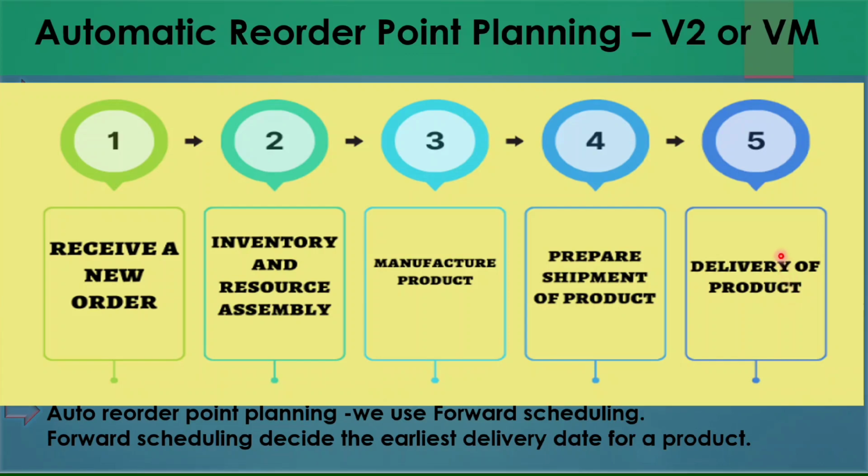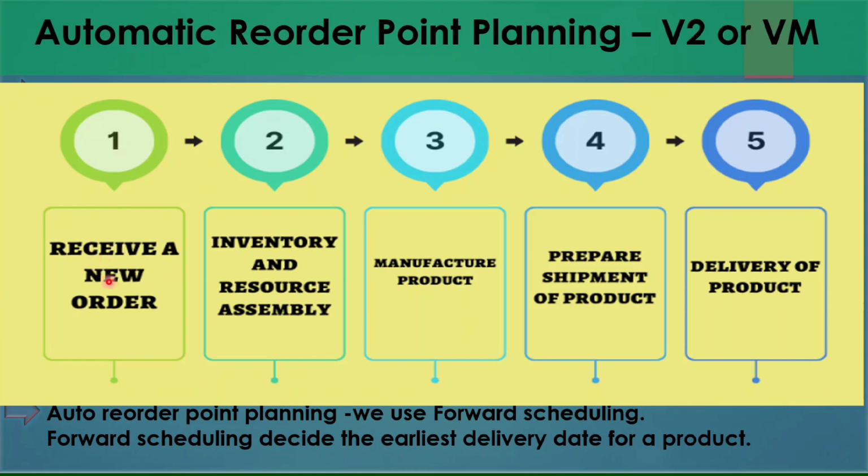Once you get an order, you check the product delivery date, how much time you need to ship that product to a customer, and how much time is needed to manufacture it. Let's say it needs 2 days here, 2 days here, 2 days here, so 6 days in total. Depending on those 6 days, you decide when you need to gather resources. Definitely before delivery, you must gather these resources at least 6 days ahead.